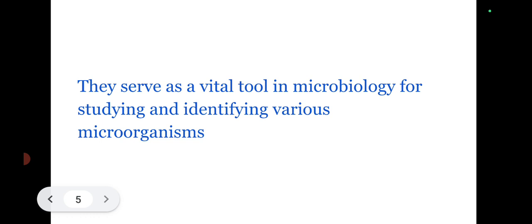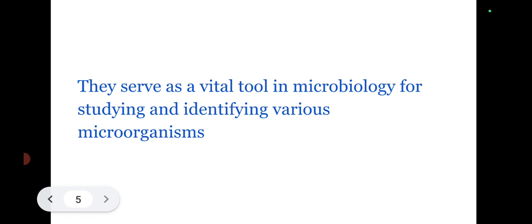Media are very important in microbiological laboratories because they help in isolation of cultures from natural sources, where you always get a mixture of cultures. Second, they help in cultivation of microorganisms, which is always required to study the properties of those microorganisms.